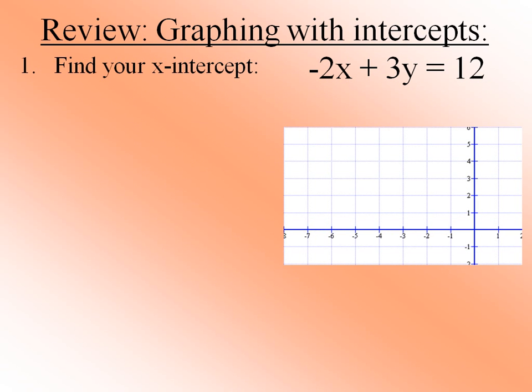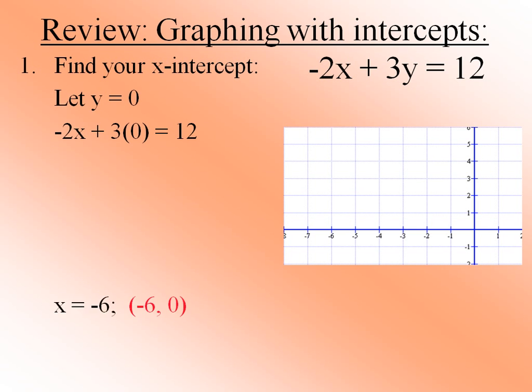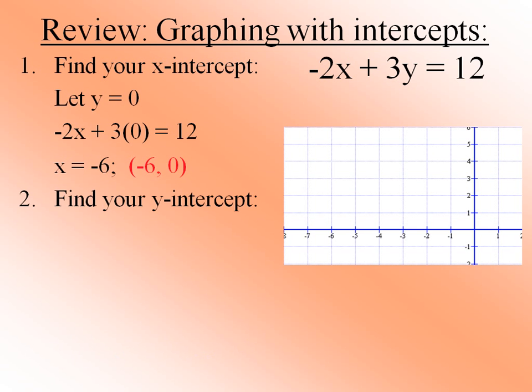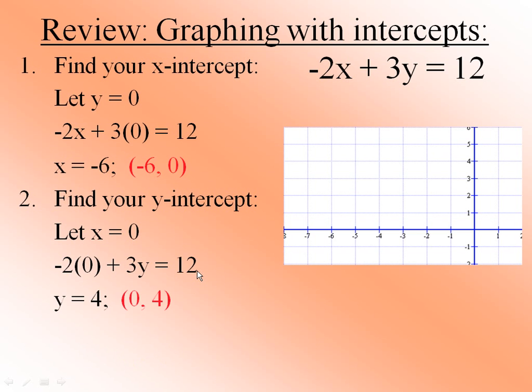So, to find your x-intercept, we're going to let y equal 0. If you substitute 0 in for y, you're going to get x equals -6. So your x-intercept is (-6, 0). To find your y-intercept, let x equal 0. When you plug that in, you're going to get 3y equals 12, which is y equals 4.